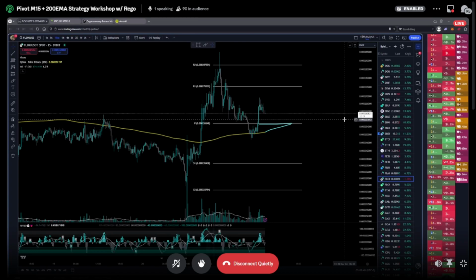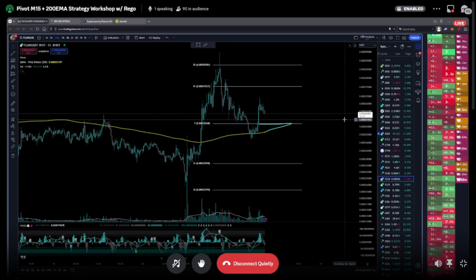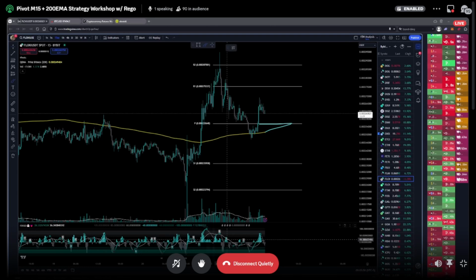So, how do I go about this one? What would be my game plan for something like this? Knowing my oscillator is bottoming out every time it's had a response into these negatives, as you guys can see, absorbs into the 200 DMA, tends to have a strong response.